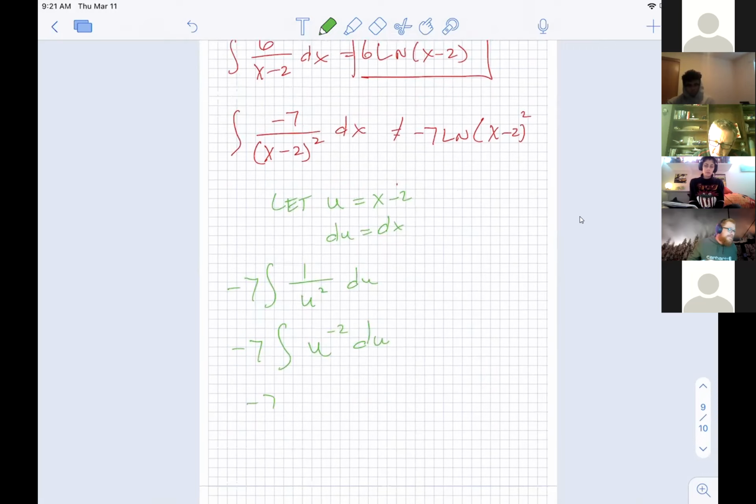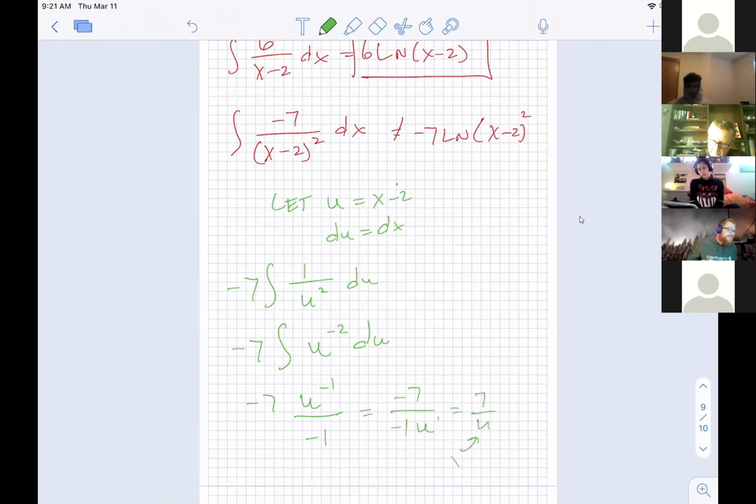And as we said a second ago, you add 1 to that, which makes it u to the -1, and then you divide by that exponent, which would be -1. So you have -7 over -1, and you can put the u down on the bottom as a +1, and then look, those two negatives cancel, so you just get 7 over u.